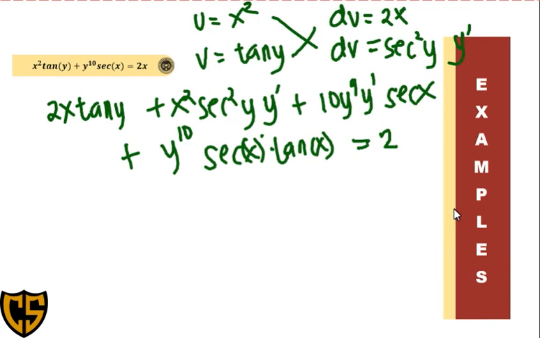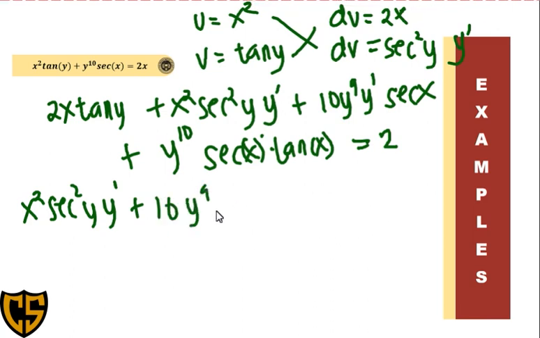This time, combine all terms with y prime on the left side of the equation and put the rest on the right side. So the terms with y prime: x squared secant squared y prime plus 10 y to the 9 secant x, with y prime.